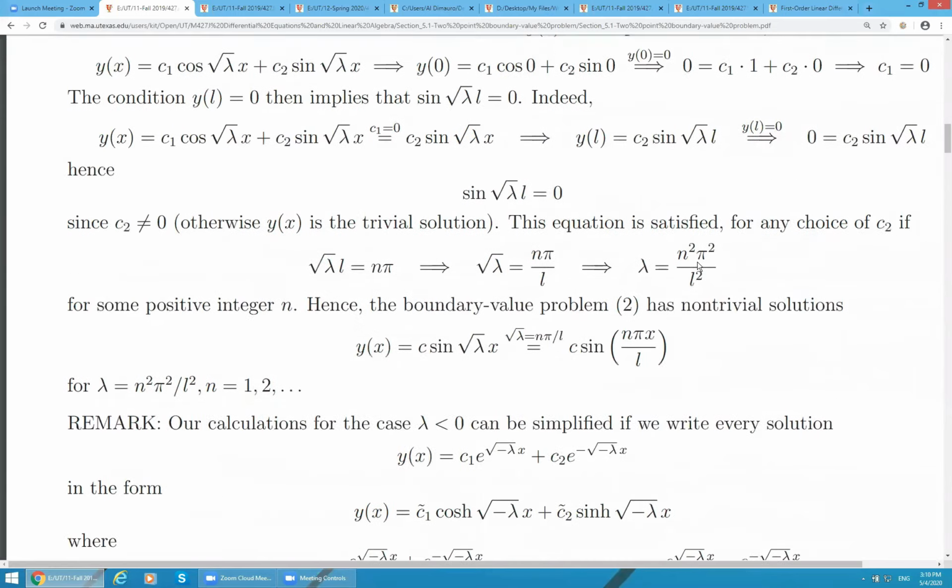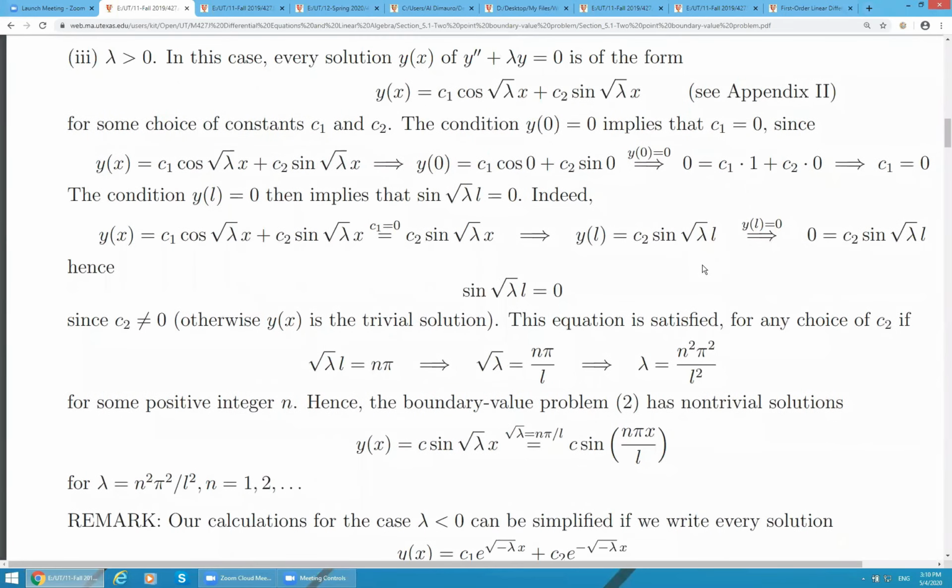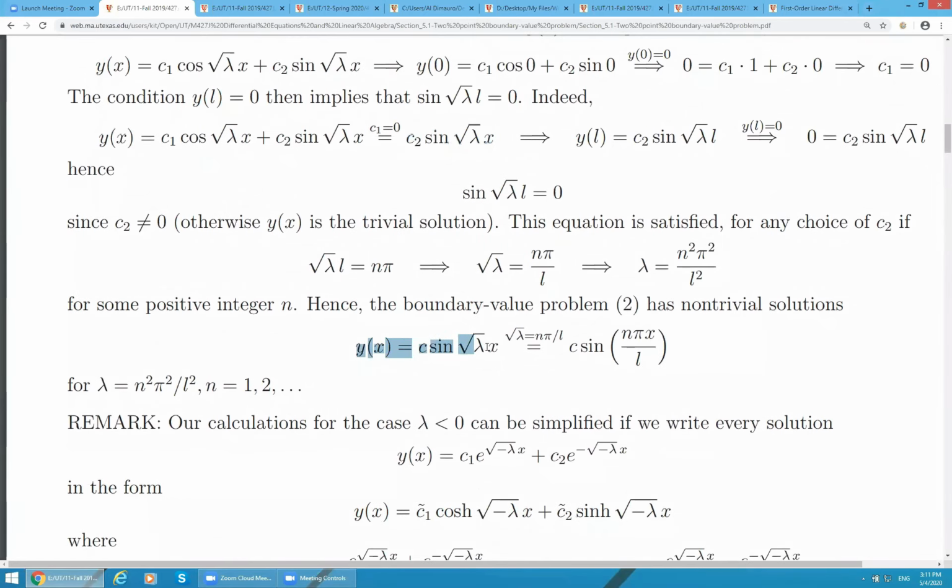Moreover, these solutions are: step 1, we copy what is written here, and then we replace square root of lambda by n pi over L. These are values of lambda for which our boundary value problem has non-trivial solutions.